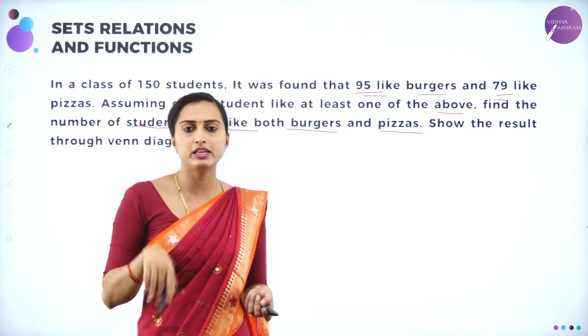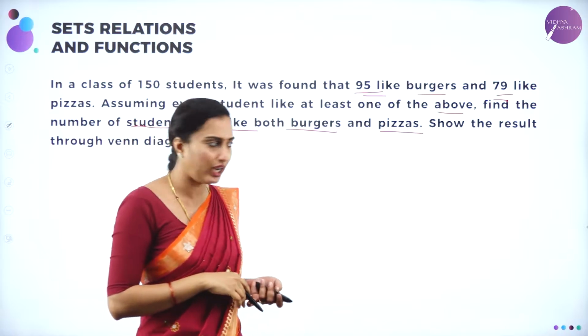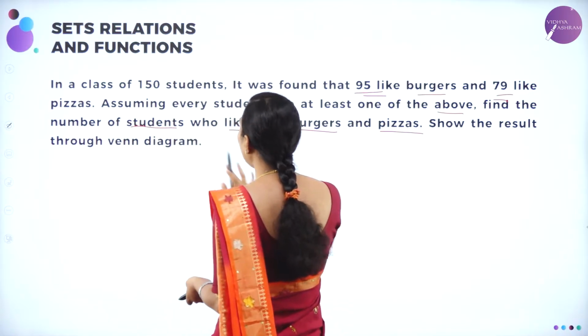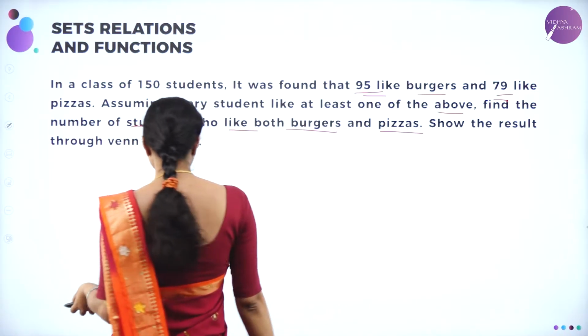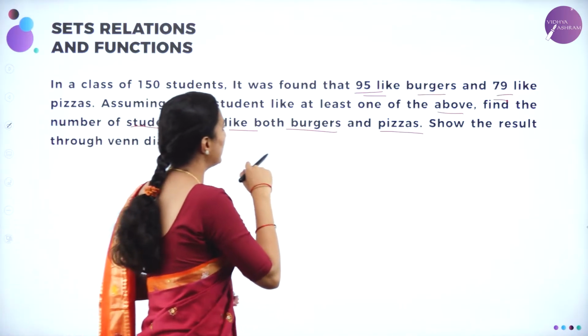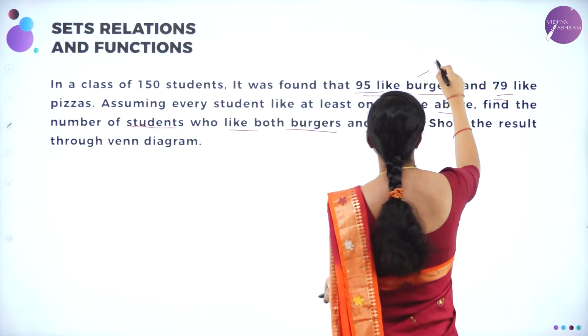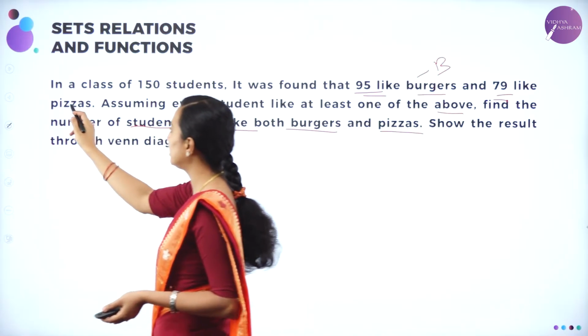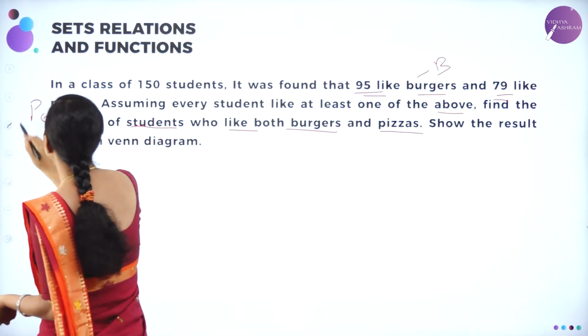Both burgers and pizza means what? Intersection, right? Show the result through the Venn diagram. So what they have given, I am going to take burgers as B and pizzas as P.